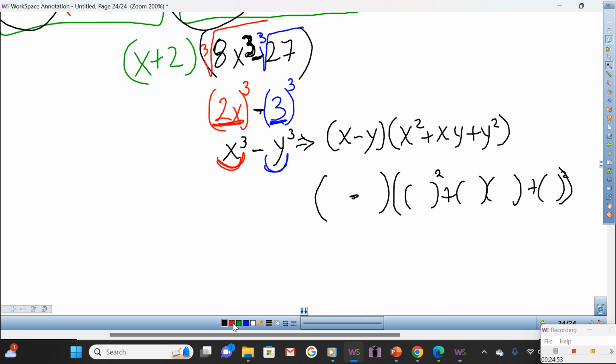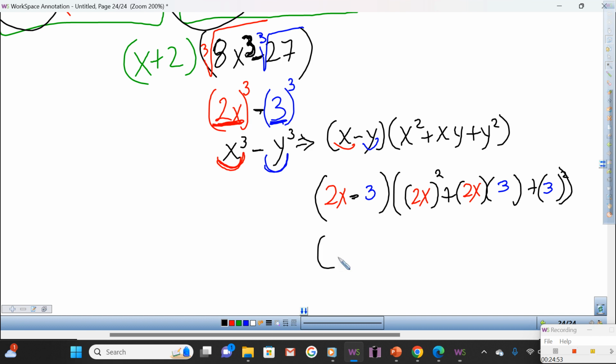All right, so here we go. So instead of x, what am I going to use, guys? 2x. Instead of y, I'm going to use 3. So, here we go. Simplify.